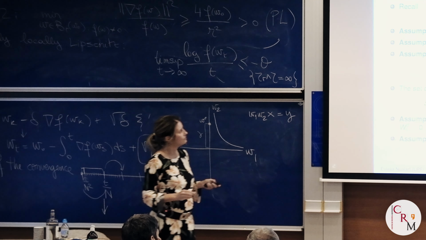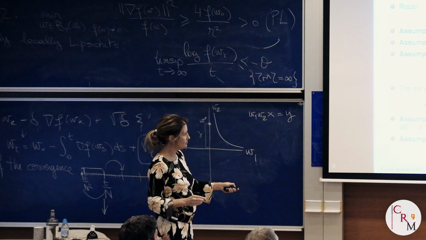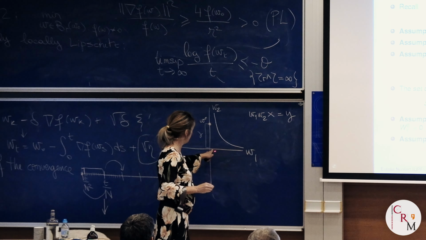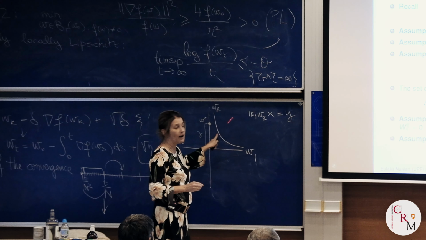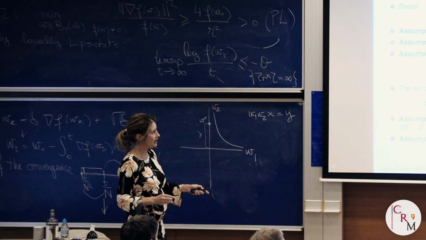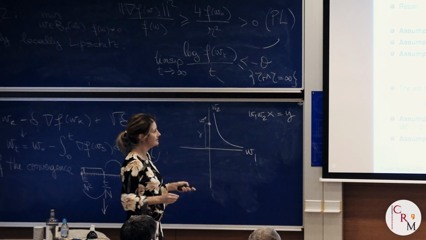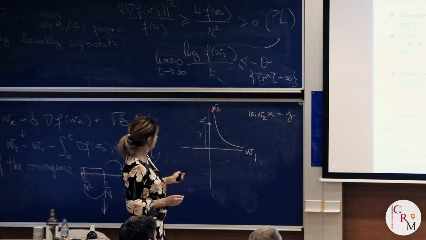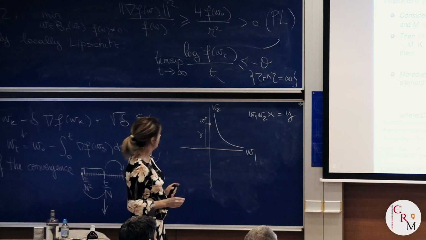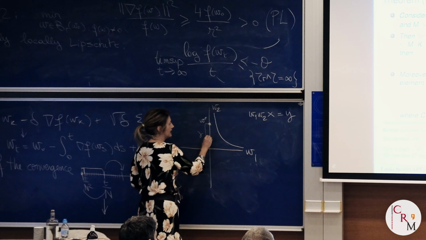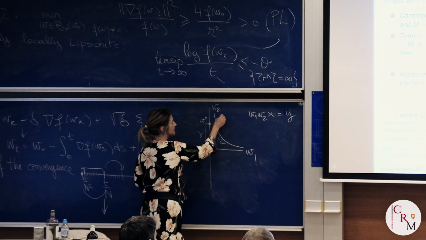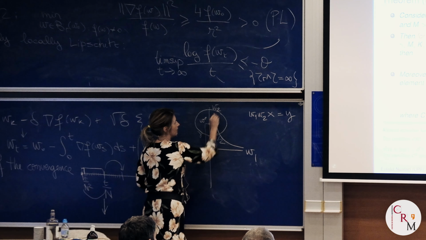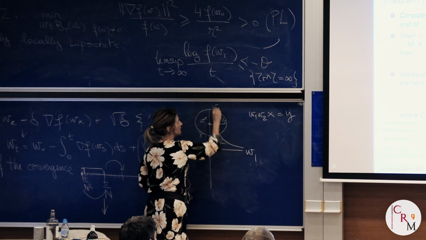So if we go here to the right, the initial condition satisfies that W1 is 0, so that we are starting on the y-axis, okay, and the others are non-negative, okay? So this is gamma. So gamma is the minimum of the entries, and the idea is to take gamma divided by 2 as the radius, and to take this as the ball of radius gamma divided by 2, right?